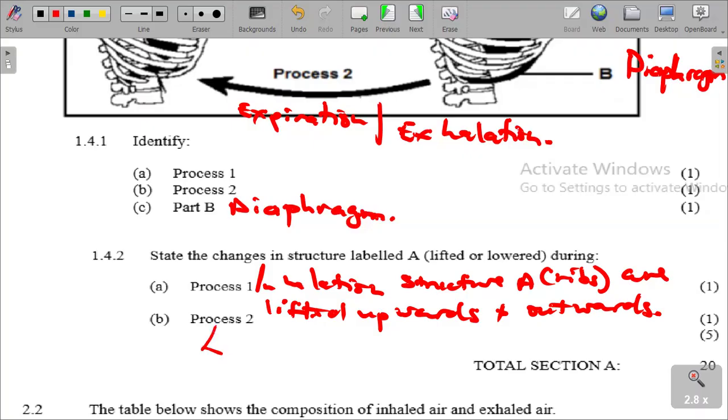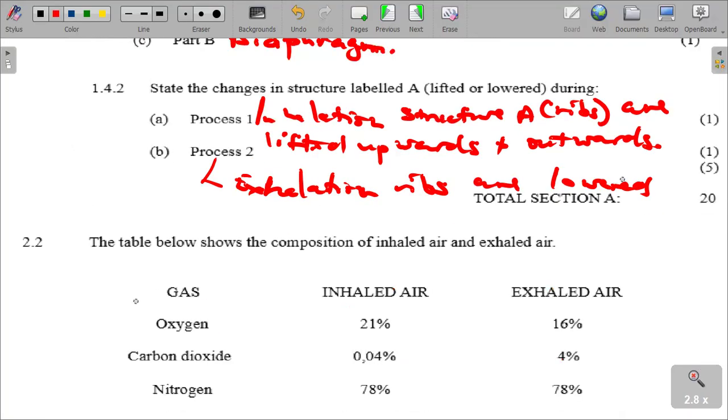And then in terms of exhalation, during exhalation, ribs are lowered. Ribs are not lifted, they are lowered downwards and inwards.